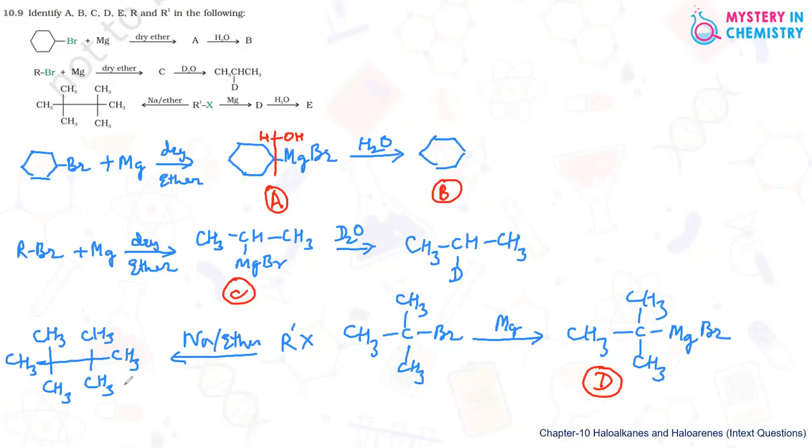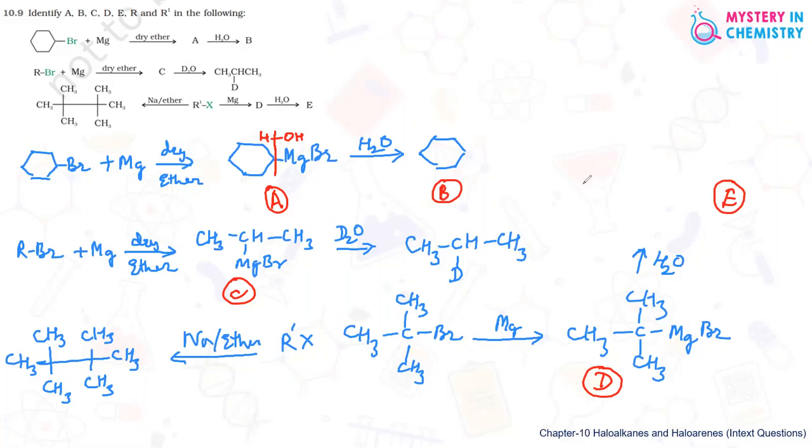Now, if this is the compound which is formed as D, then what is E? About the E compound, the conditions are given already. This is reacting with water, again the same reaction, Grignard reagent reacting with water.